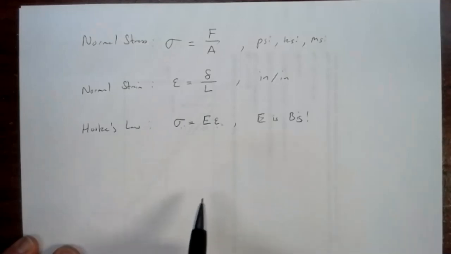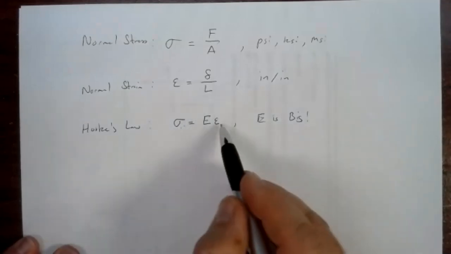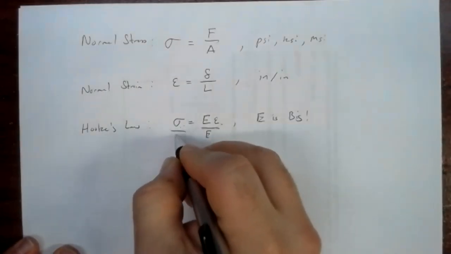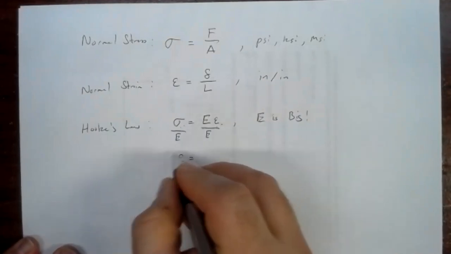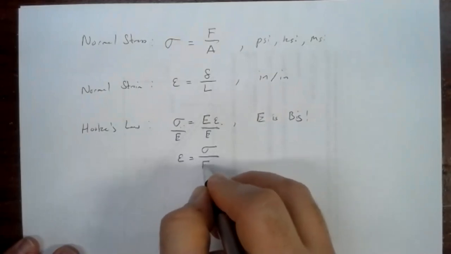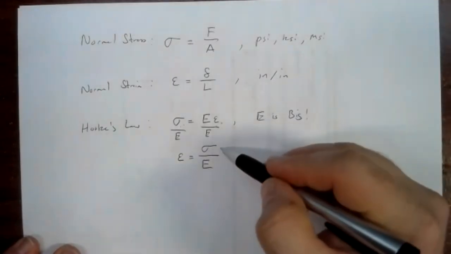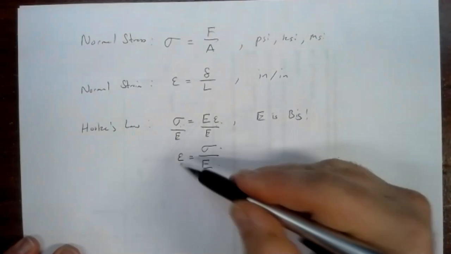One way we can get the strain from Hooke's law is to solve the equation for epsilon, and to do that, we divide both sides by E. If I flip this around so it's a little clearer, strain is stress divided by the Young's modulus. So we take that stress and we divide it by a really big number. That's what gives us the small amount of strain.